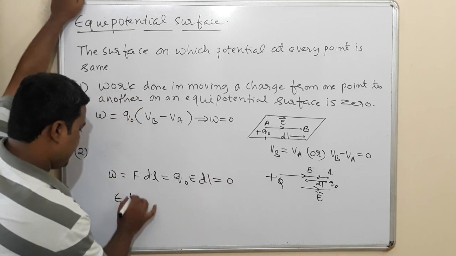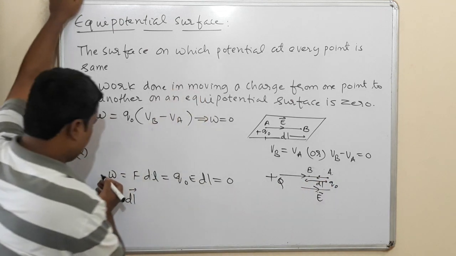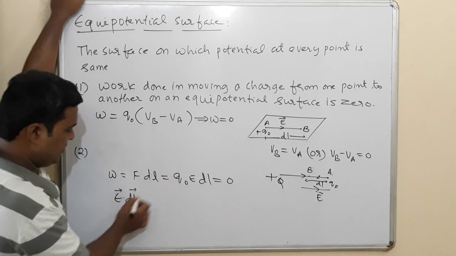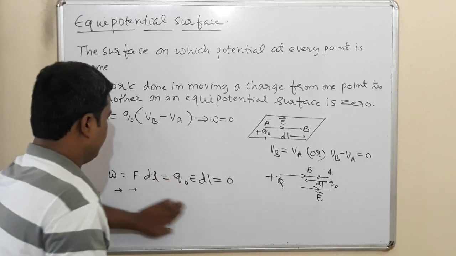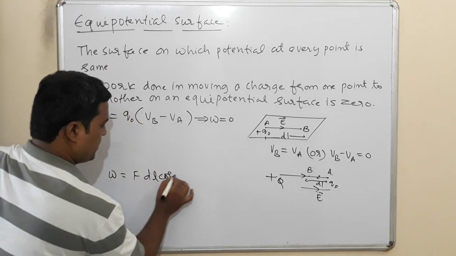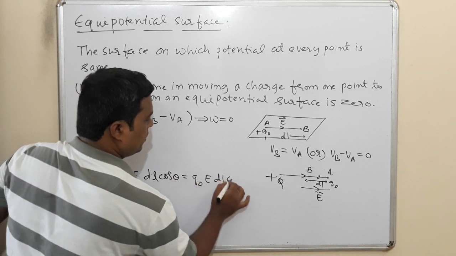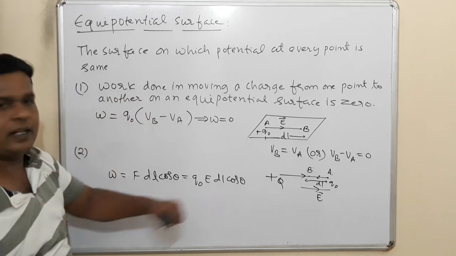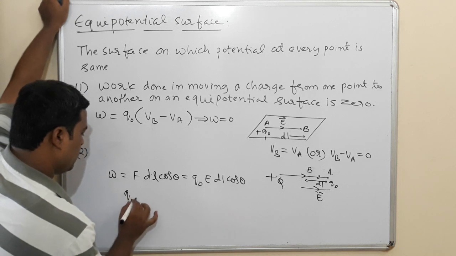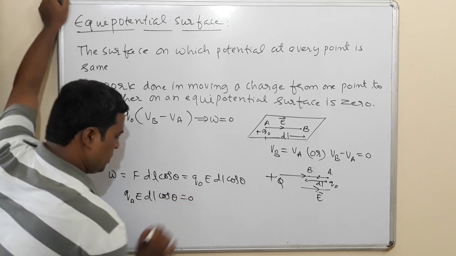Actually the formula is F dl cos theta, since the displacement is along a direction at angle theta, so this is Q naught into E into dl cos theta. We know that work done is 0, which means Q naught into E into dl cos theta is equal to 0.